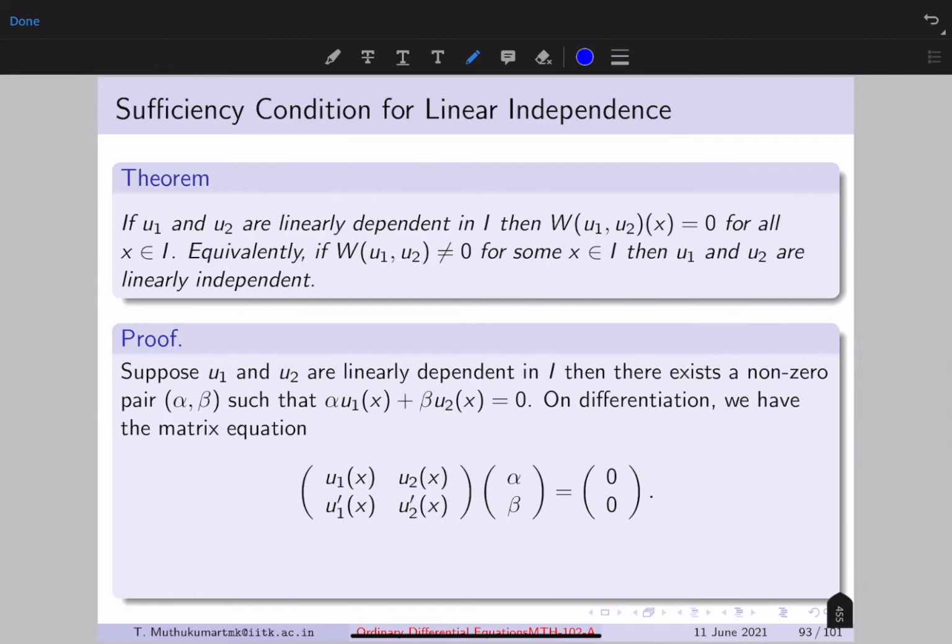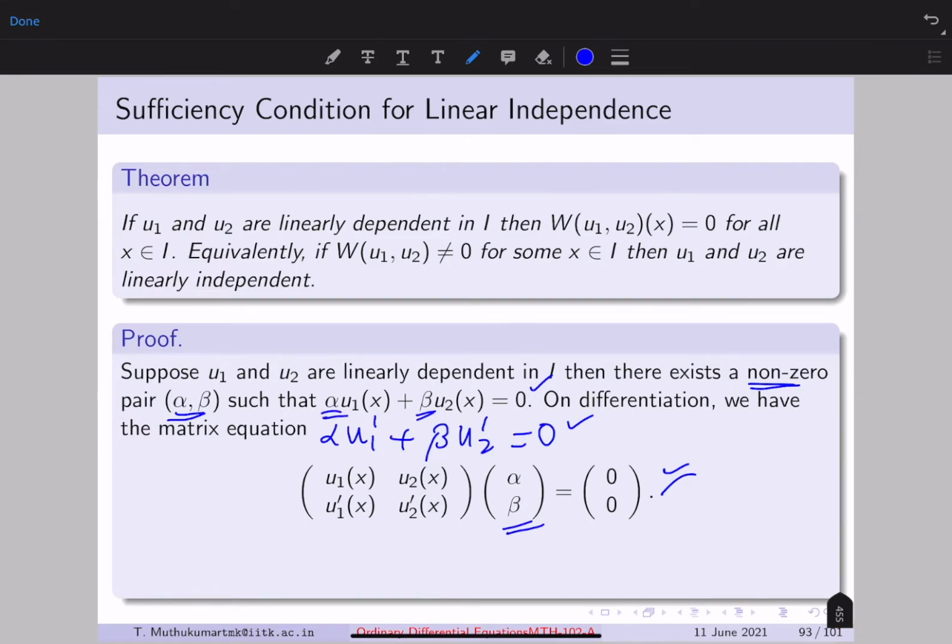Now you differentiate this equation. You get alpha u1 prime plus beta u2 prime equal to 0. So these two equations become a matrix equation: the matrix with rows u1, u2 and u1 prime, u2 prime, times the vector alpha, beta, is equal to 0, where alpha, beta is a non-zero pair, so at least one of them is non-zero.